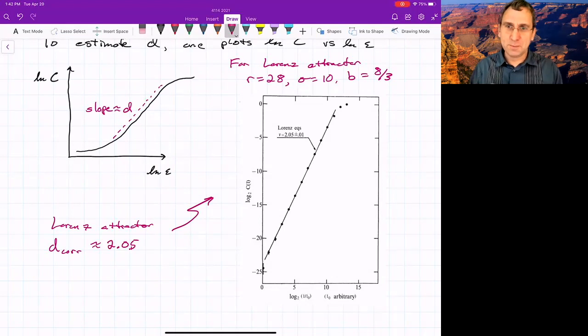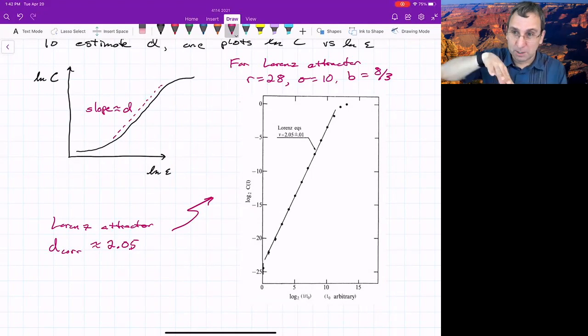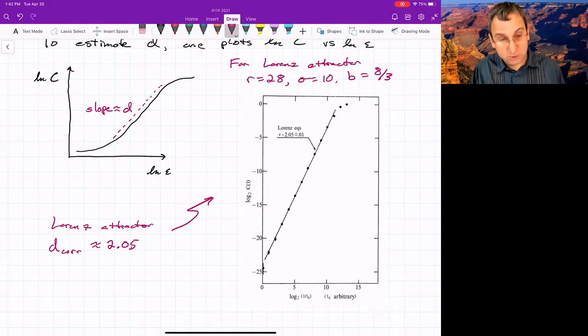We expected it couldn't be 3. If you recall, volume contraction in the Lorenz equations meant that things could not be a full measure. They could not have dimension 3, so it had to go down. We were thinking in terms of, well, maybe it had to be a point or a limit cycle or something two-dimensional. Well, it just has to be something less than 3. In this case, it's closer to 2.